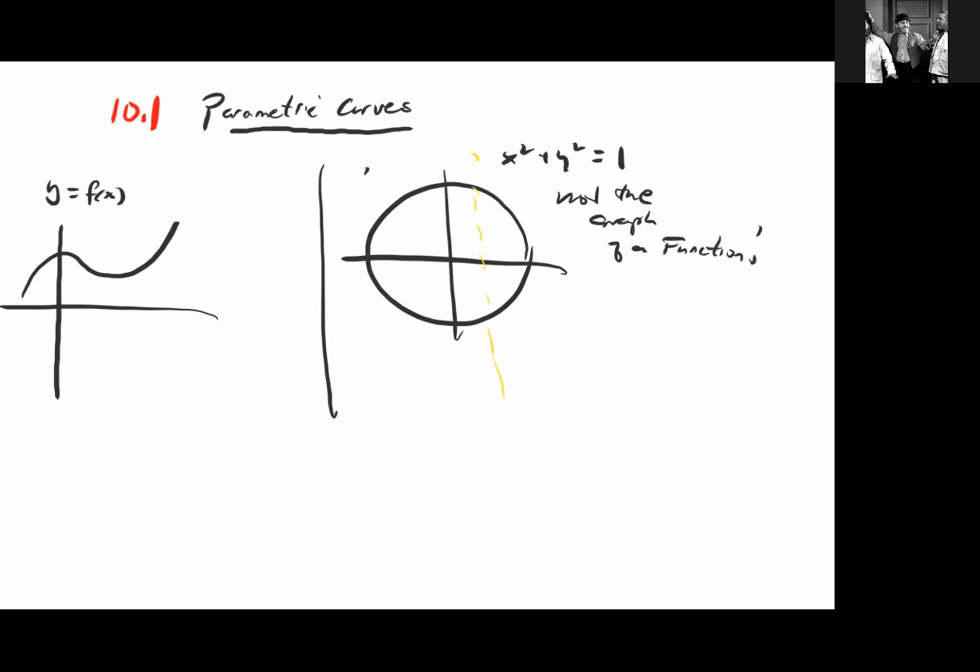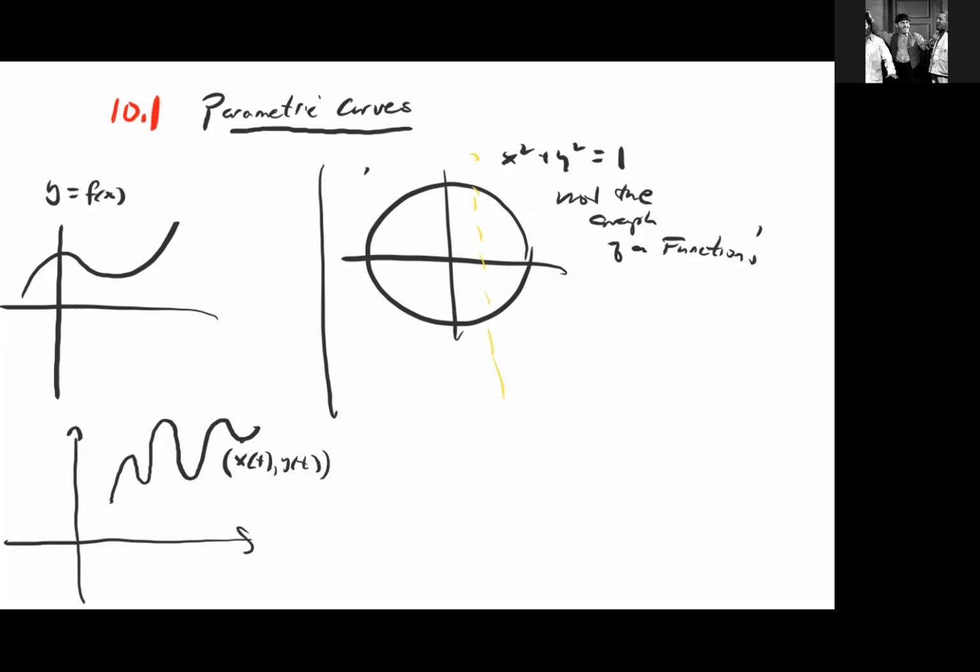So there's yet another way to specify more general curves, parametrically. The idea is this. Think of yourself as a bumblebee in the plane, moving around in time t. At every time t, you're at a point on the curve, x of t comma y of t.